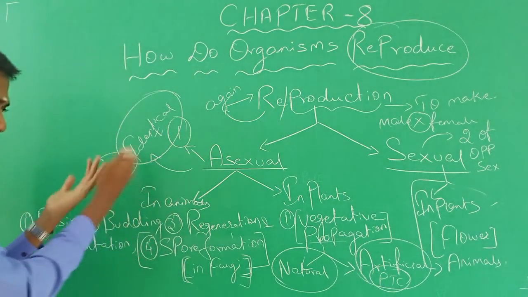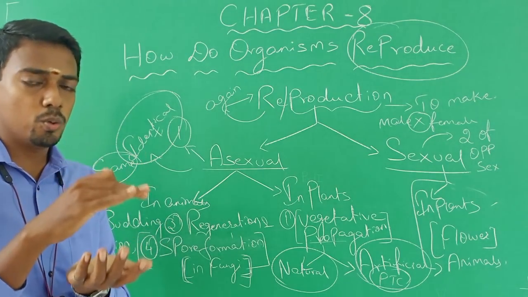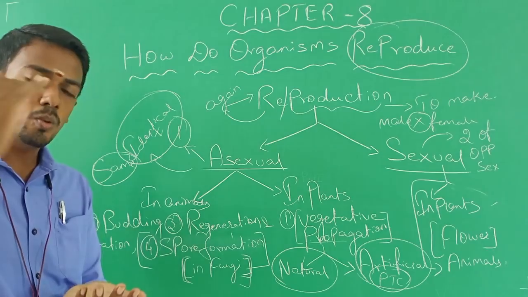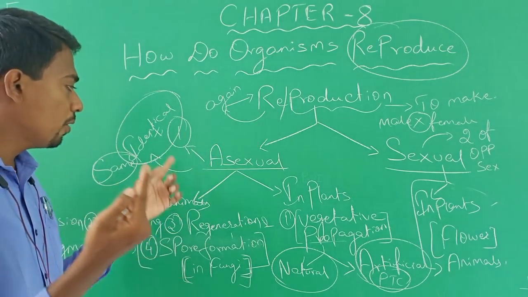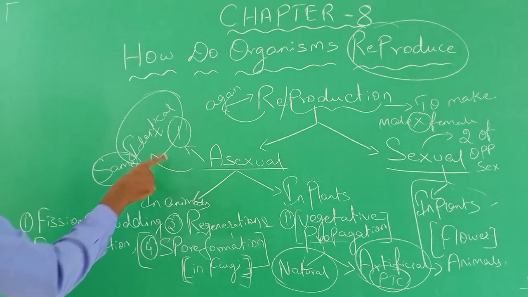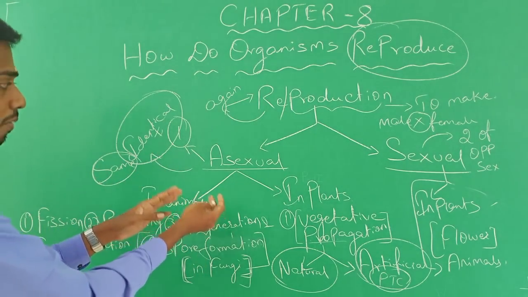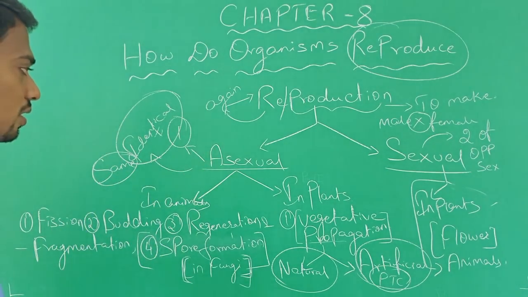So the offspring, the baby rose plant that you made, is going to be similar to the parental plant, because it's a reproduction that involved only one parent.